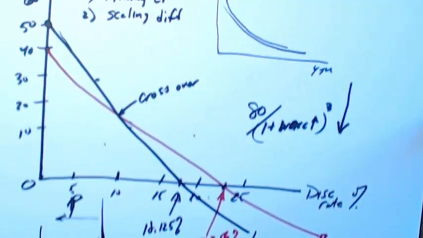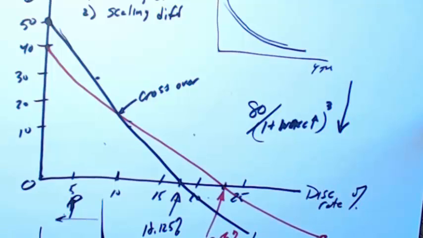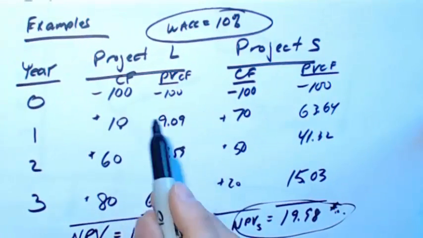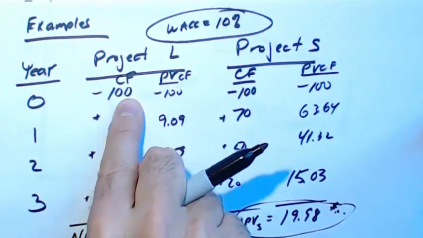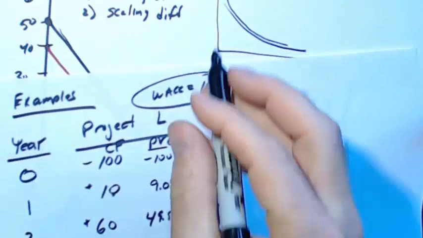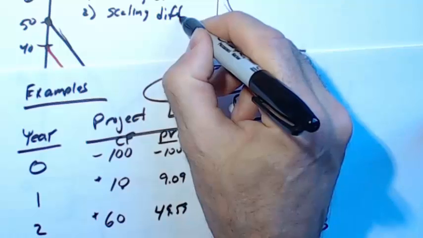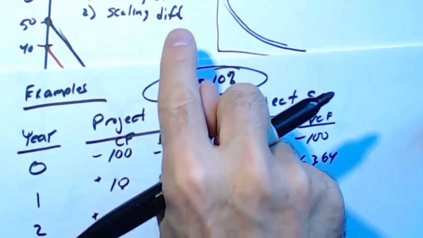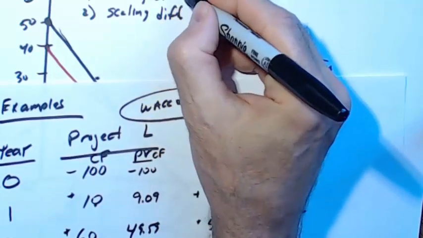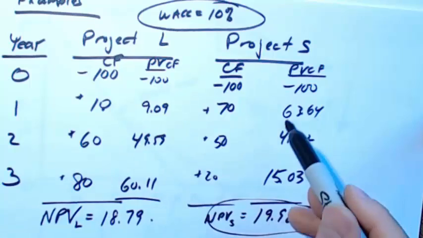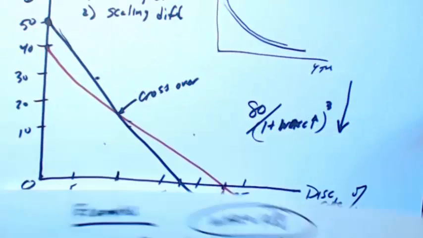You remember economies of scale from economics. In this chapter, scale has to do with the size of the initial investment. They're equal in this case, so the scaling difference doesn't pop up in this problem because the 2 projects are the same size. Scaling is not the problem here. The problem is the timing differences: later versus sooner cash flows.